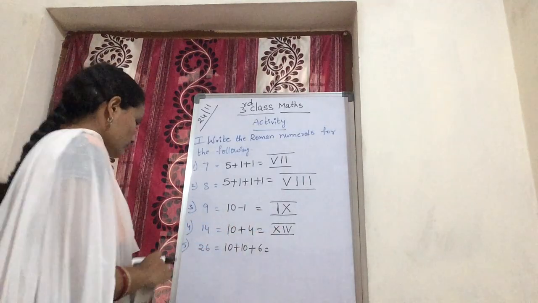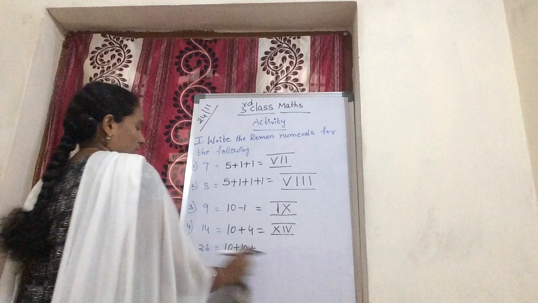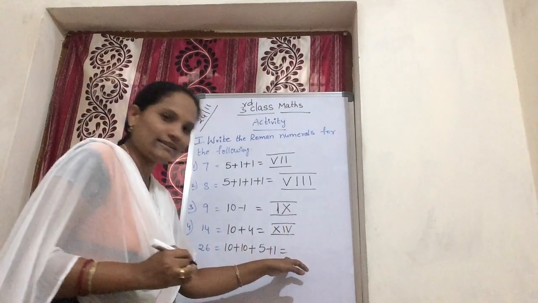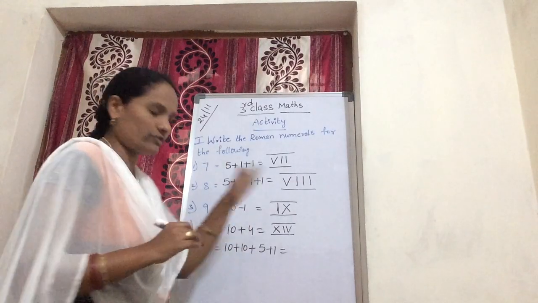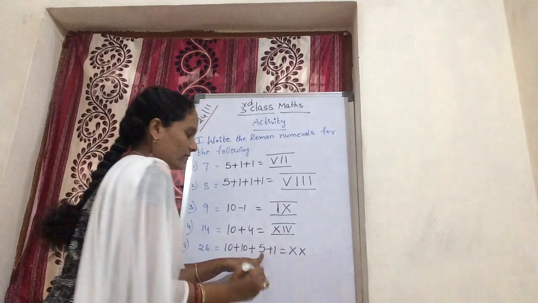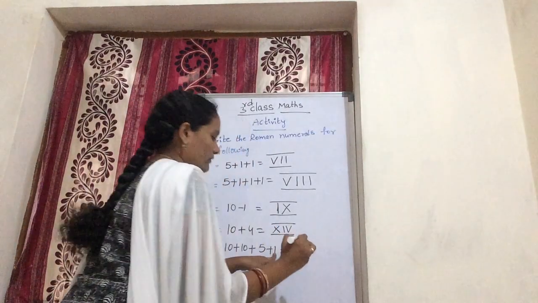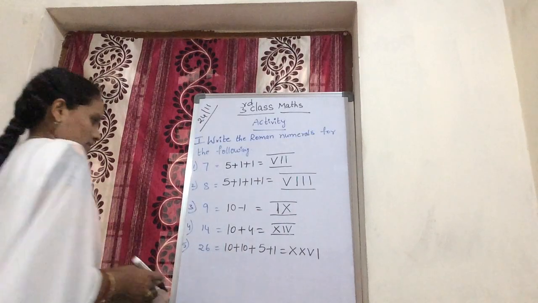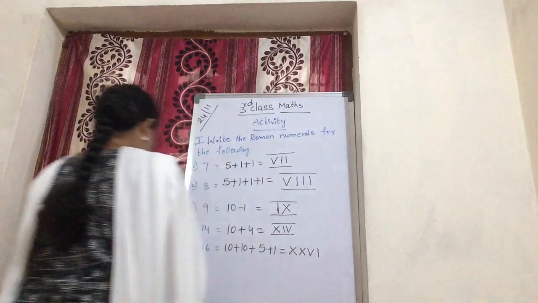Now this is a 6. How to write 6? 5 plus 1. Here all are addition, so you write it after. 10 for X, again 10 for X, and 5 for V and 1 for I. Okay. Can you understand? Write it, Amma.